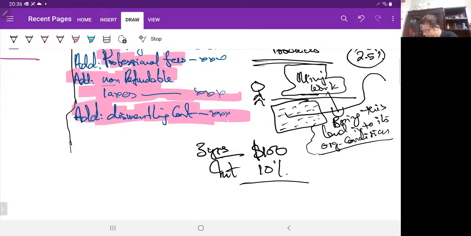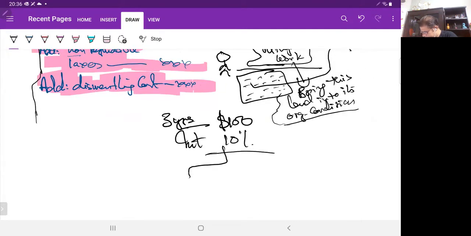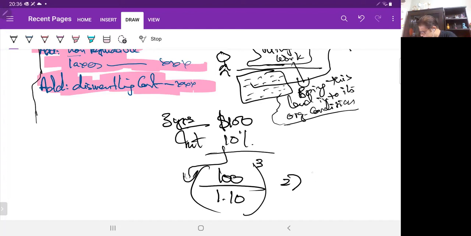So we have to take out the present value of those $100. How will we do that? 100 divided by 1.10, that is our interest rate, to the power 3, because it is after 3 years. So the present value will be like 75.13.